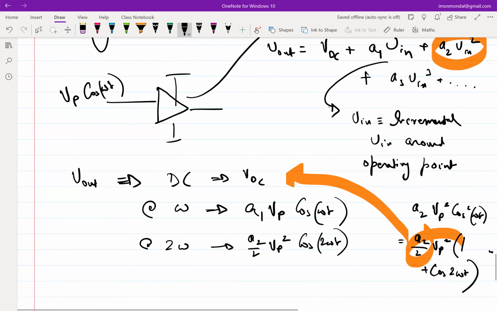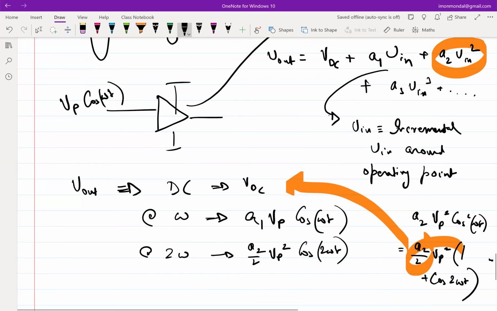And what will be the effect of A3 V in cubed? It is going to give two terms, at 3 omega and at omega, right?